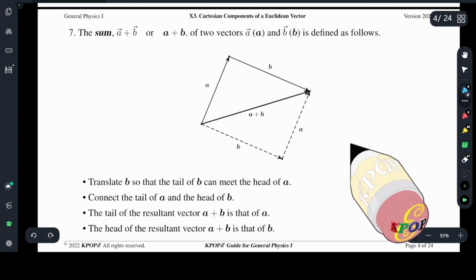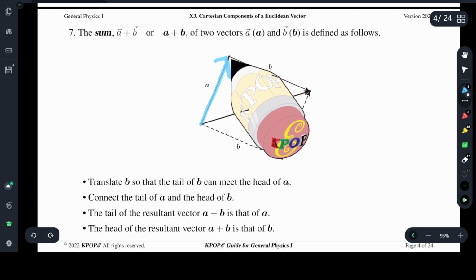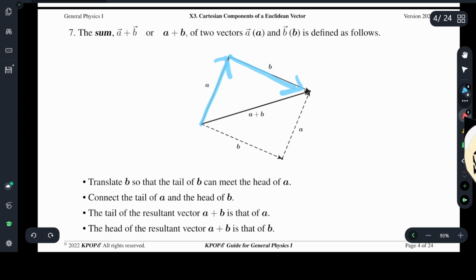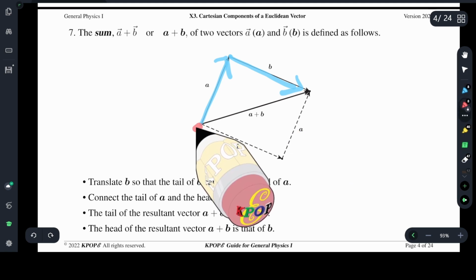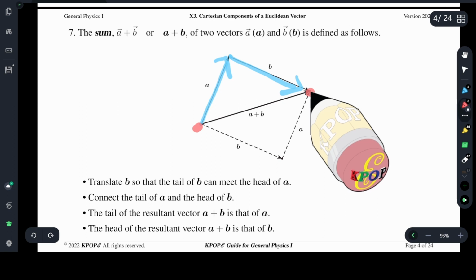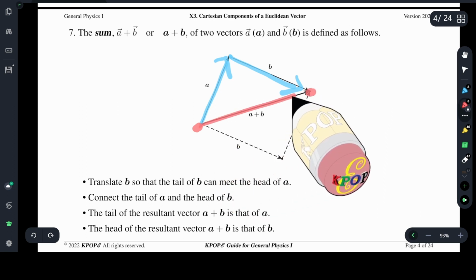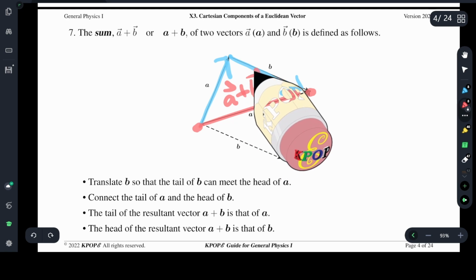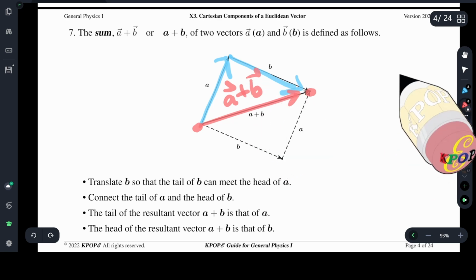Here is an explicit example. I connect the head and tail of two vectors and just connect the tail of the first one and the head of the last one to find A plus B. But another combination is also allowed.